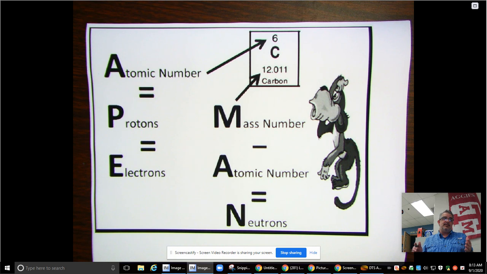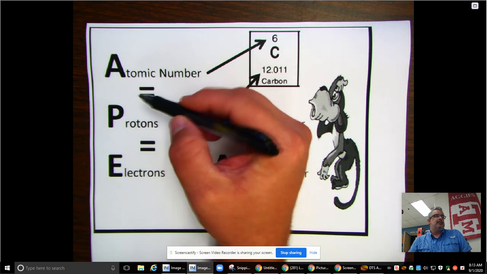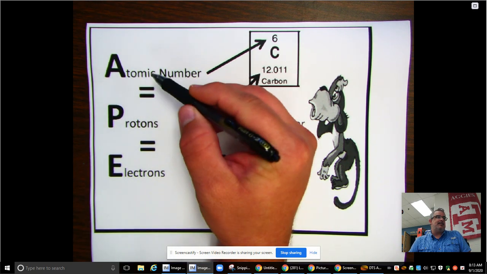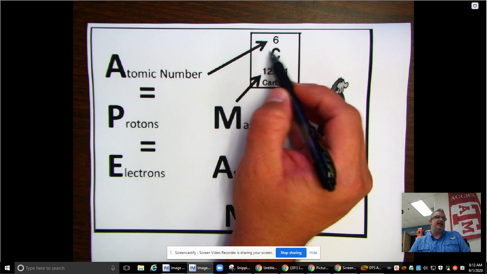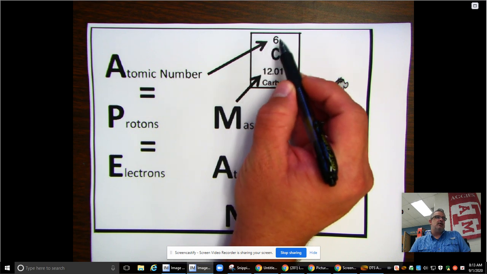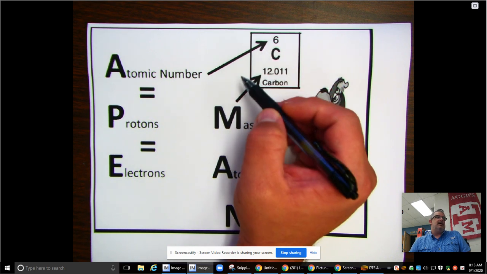So the concept really, or the acronym that we use to understand that is called APE MAN. And so if you look at the first word here, APE, A is for atomic number, which is located here at the top of most element boxes.